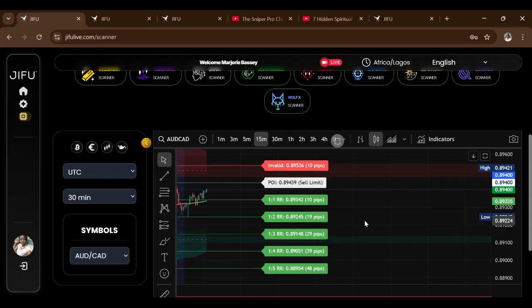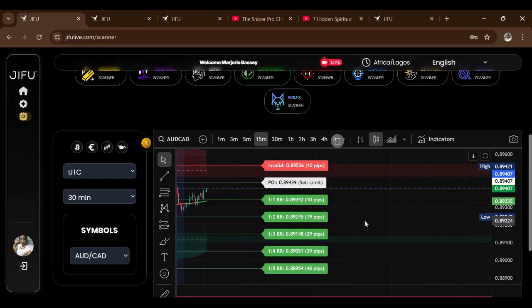Now, the market is actually buying, and the current price of the market is at 0.89409. Buy stop means that you believe this market has the energy to buy into higher levels.